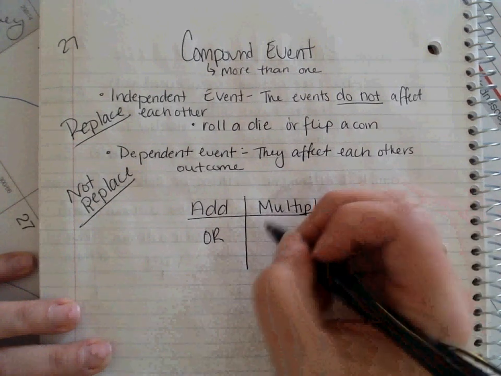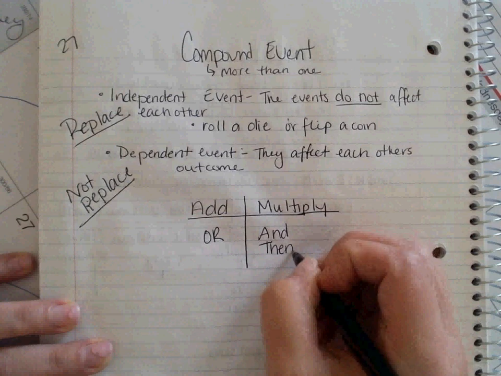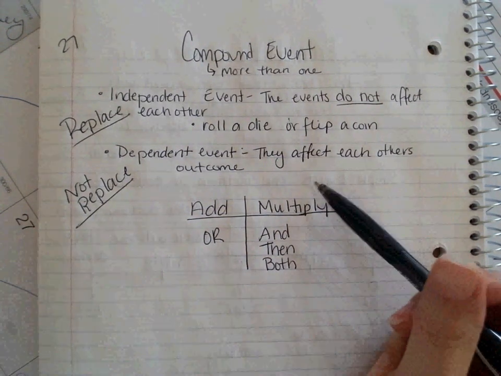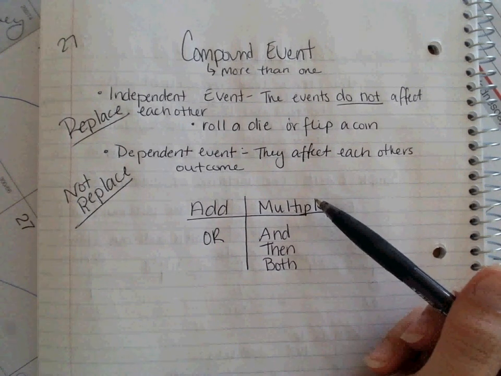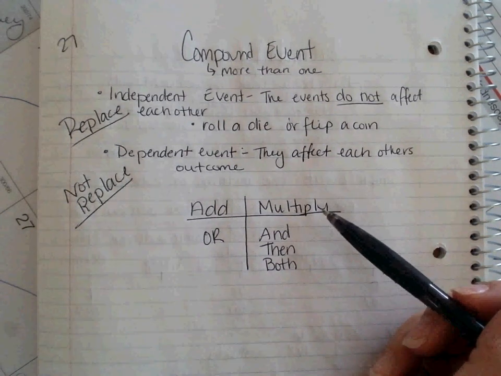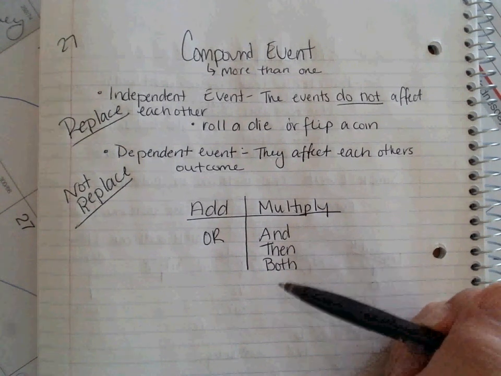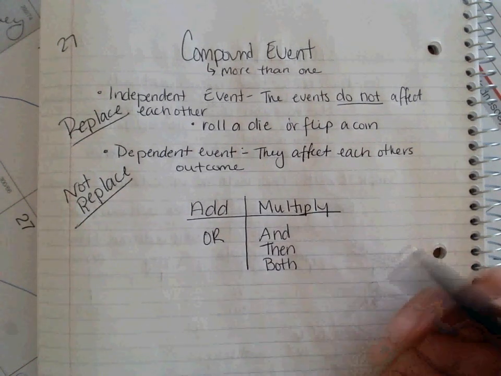Words that mean you're going to multiply are and, then, and both. When you want this and something else, you multiply. When you want something then something else, you multiply. When you want this as well as this, you want both of them, it's a multiply. But when you want this or that, it's an add.